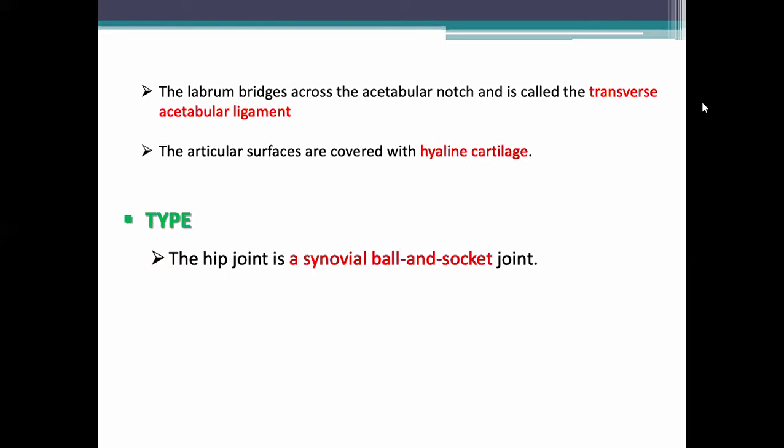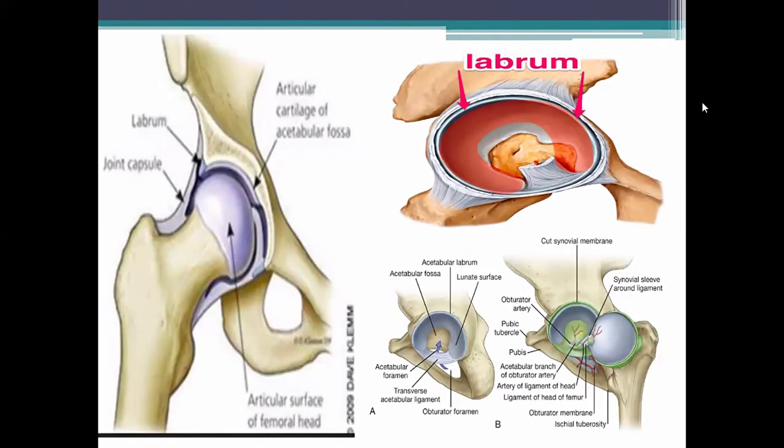The labrum bridges across the acetabular notch, and this is called the transverse acetabular ligament. This is the transverse acetabular ligament.